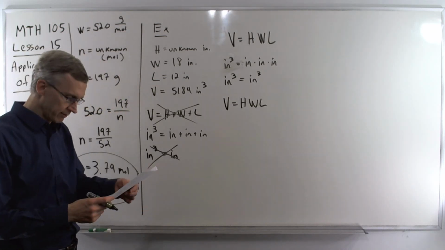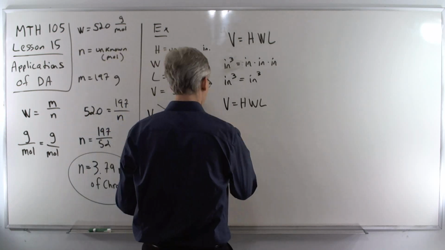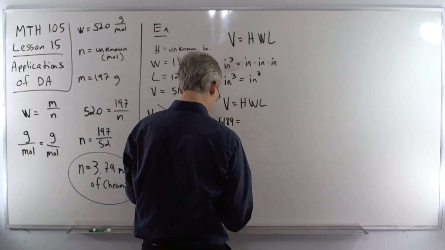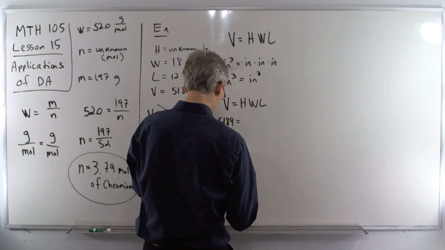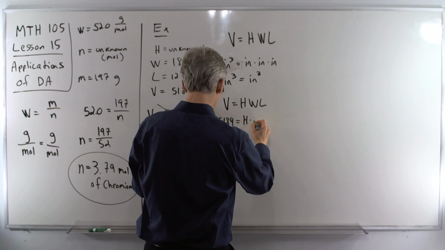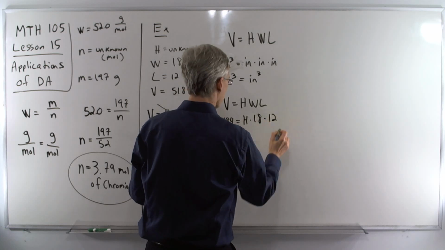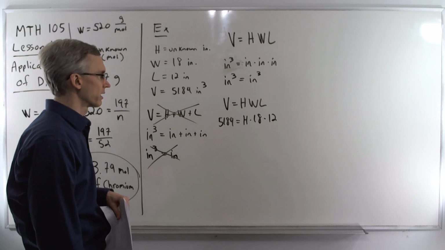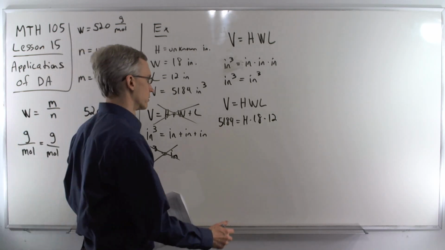Now we can plug in the values. 5184 for the volume, and the height we don't know. Then we can do H times width is 18 and length is 12. All right, now let's multiply together 18 times 12.